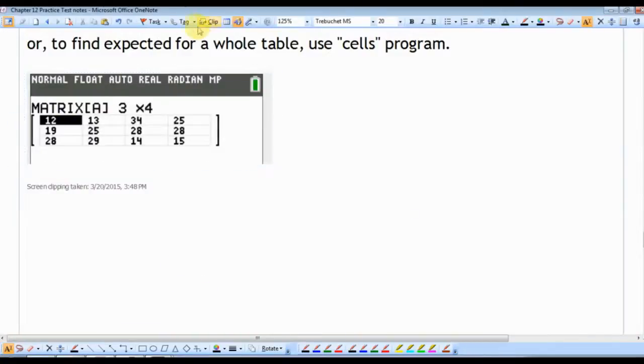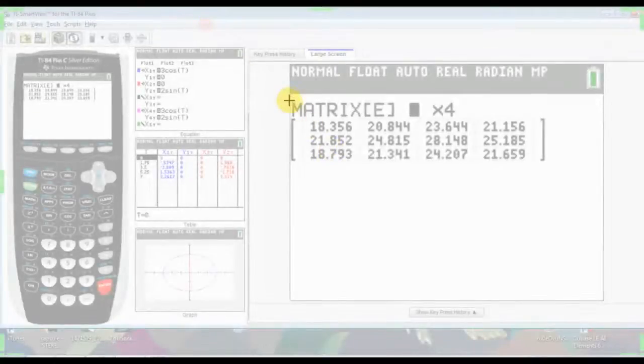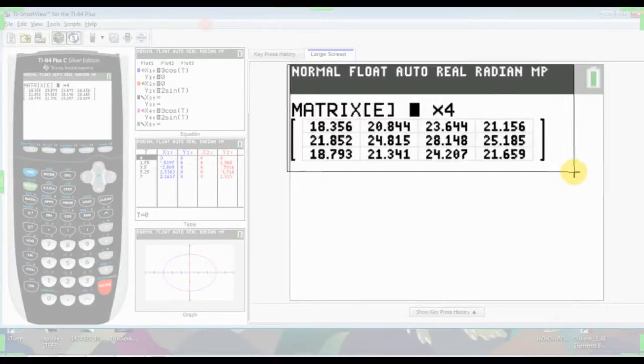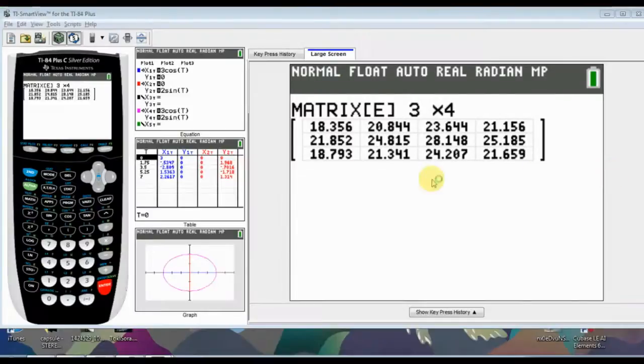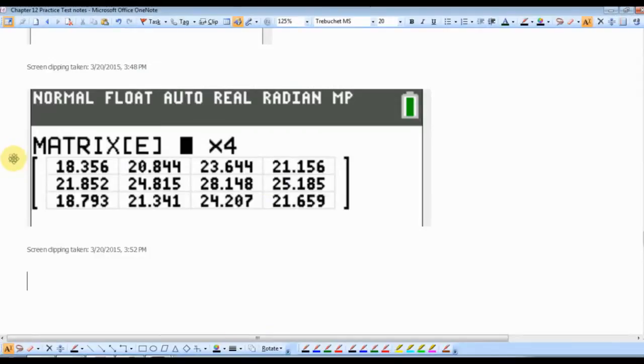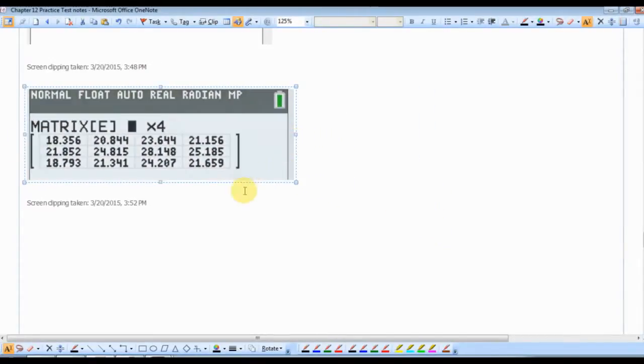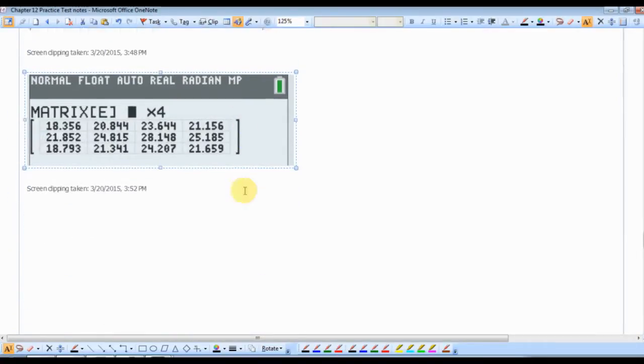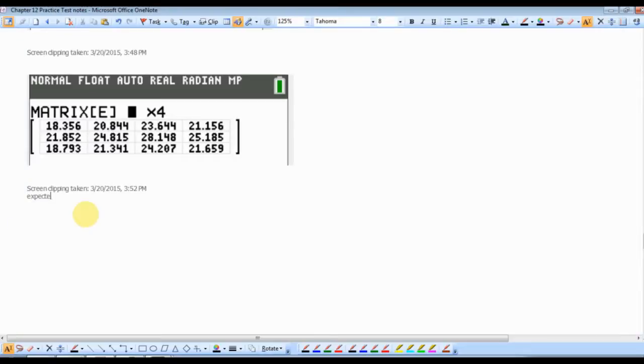All right, let's take a screenshot of this so it'll be easier to write down. Here's our expected matrix. Okay, after we get the chi-square test statistic, how do we... Expected value.